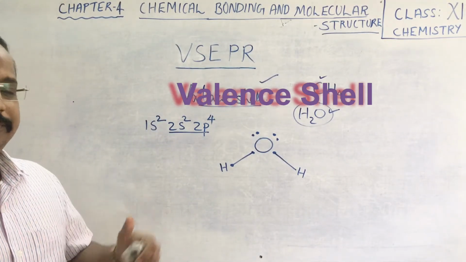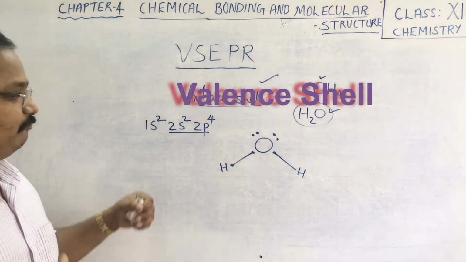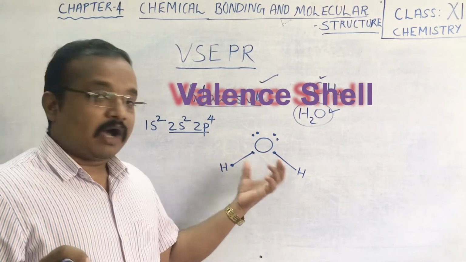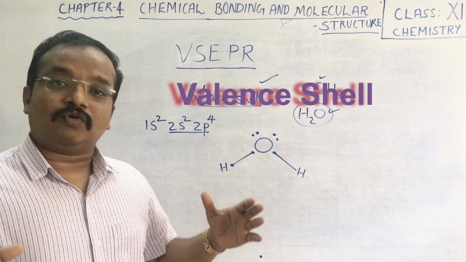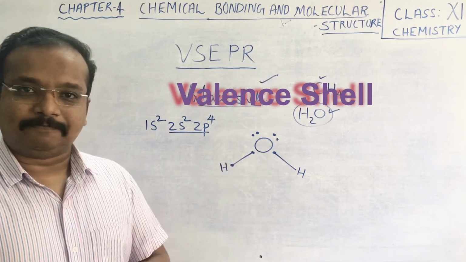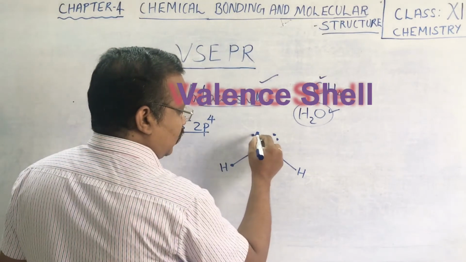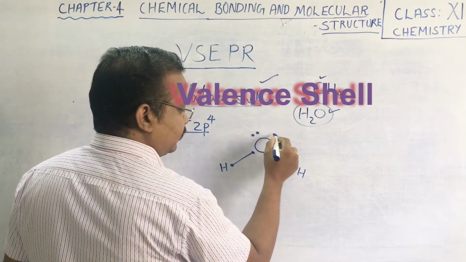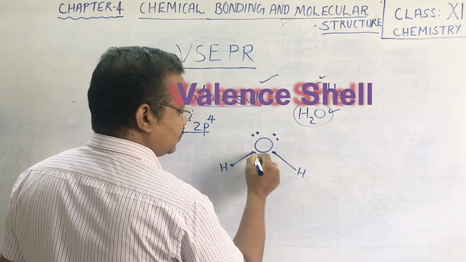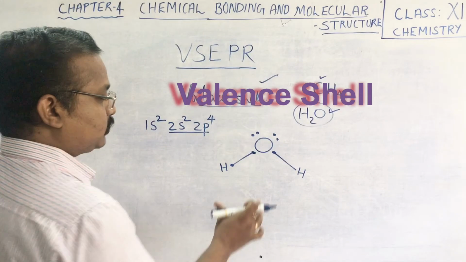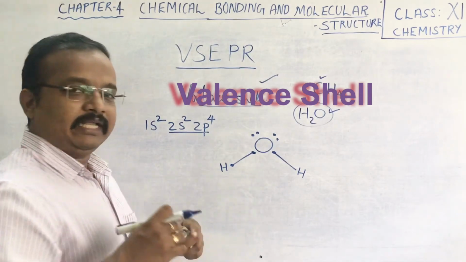The shape of a molecule depends on the number of valence shell electrons of the central atom, as I said. Here these are the valence shell electrons, 1, 2, 3, 4, 5, 6. Why doesn't this oxygen have a linear structure?